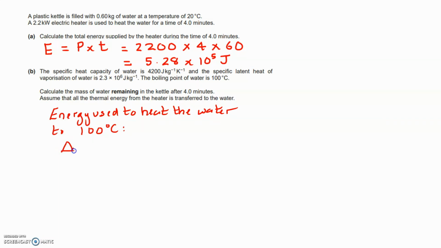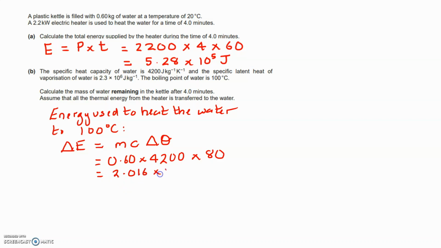Okay, and that is our specific heat capacity formula. So the amount of energy required is mass times specific heat capacity times the change in temperature. Mass of the water is given, 0.60. Specific heat capacity is given, and the change in temperature, well, it started at 20 and it was heated to 100. So that change is 80. Which gives us an answer of 2.016 times 10 to the 5 joules.